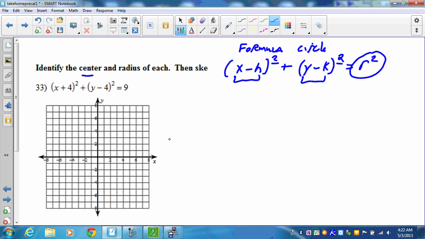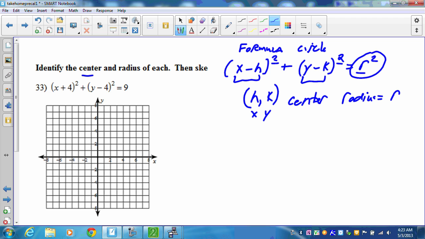And then the radius has to be in terms of a square. So what this h and k are, the x and y values of the center of the circle. So this gives us the center, and our radius is going to be however big this number r is.